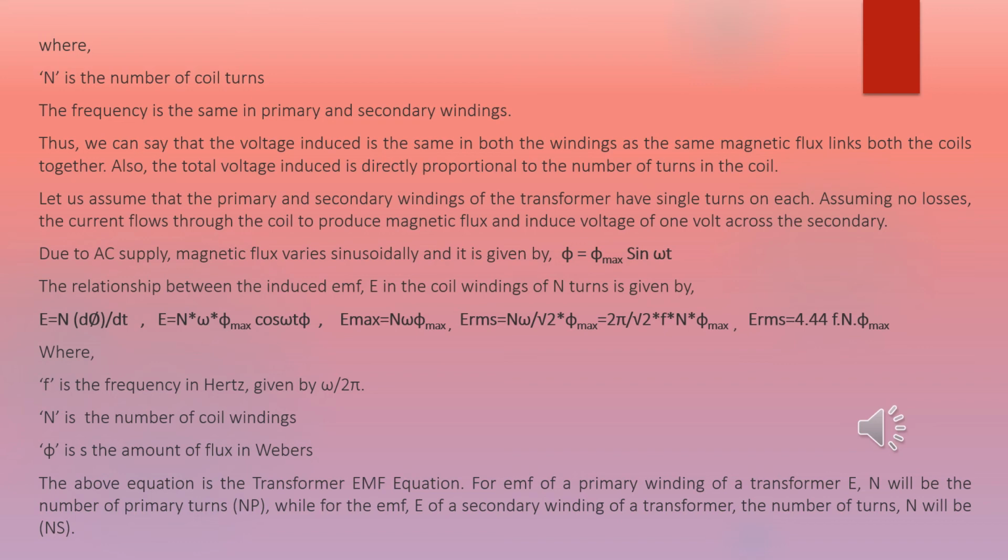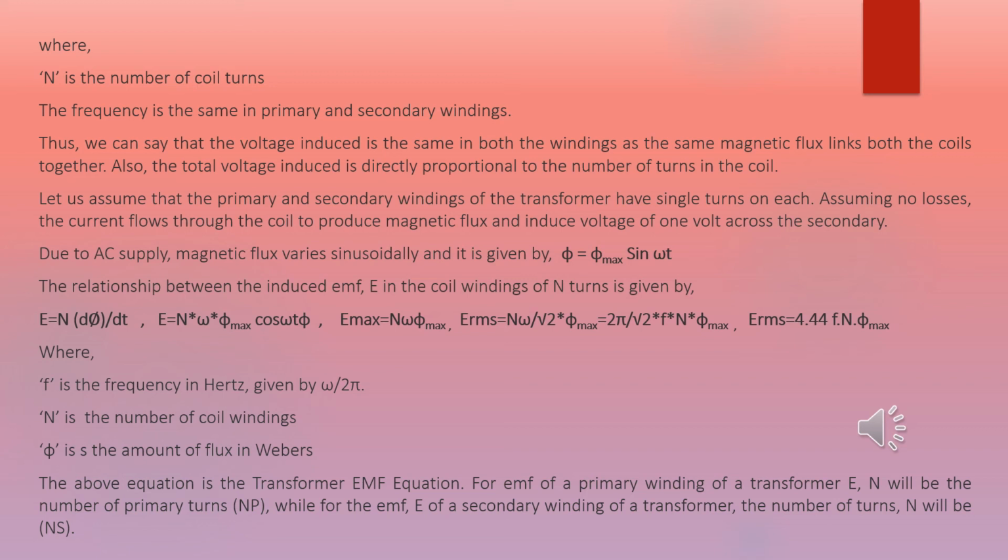E RMS we can write as n omega divided by root 2 into phi max, which we can write as 2 pi upon root 2 into f into n into phi max. Thus we get E RMS equal to 4.44 f n phi max.